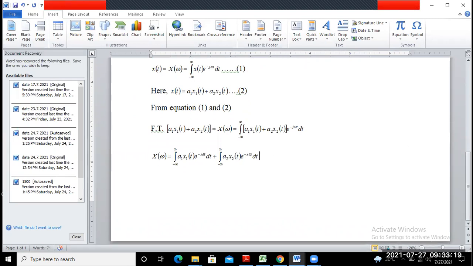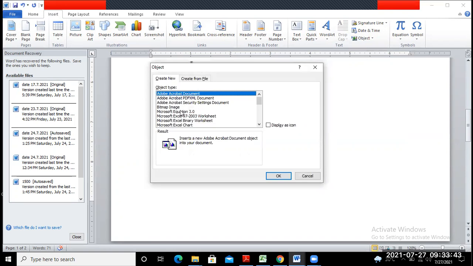As we know that a1 and a2 are constant terms, they can be written outside from the integral. Okay, can be written in the outside of the integration. So just write in the next step, x omega equal to, just take the constant value outside from the integration.